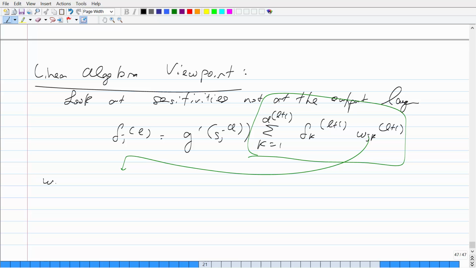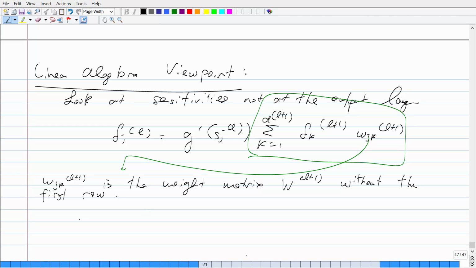So W_jk of L plus 1 is the weight matrix W of L plus 1 without the first row. I'm almost done here. I got maybe a couple more slides and we'll call it a day.